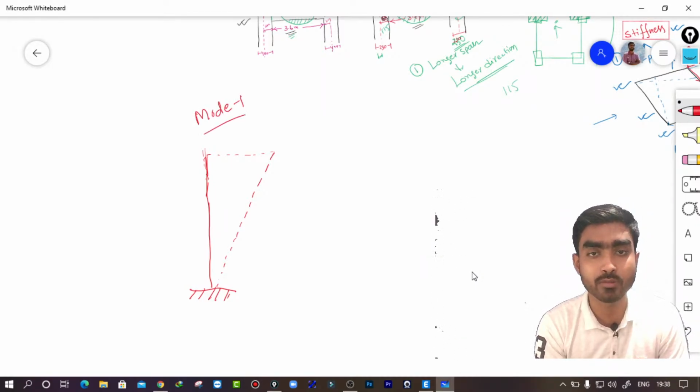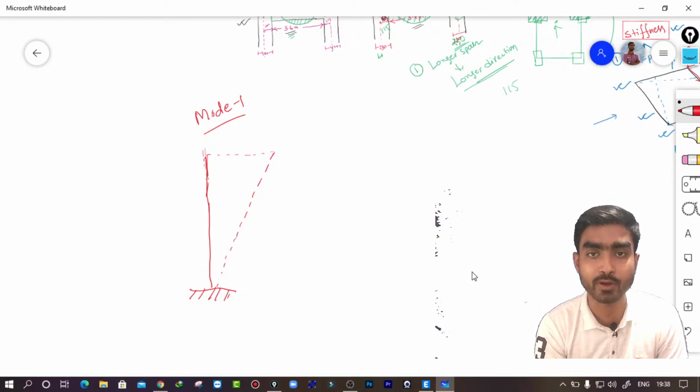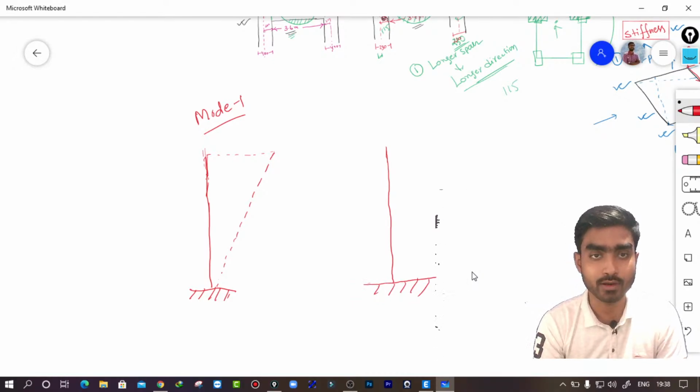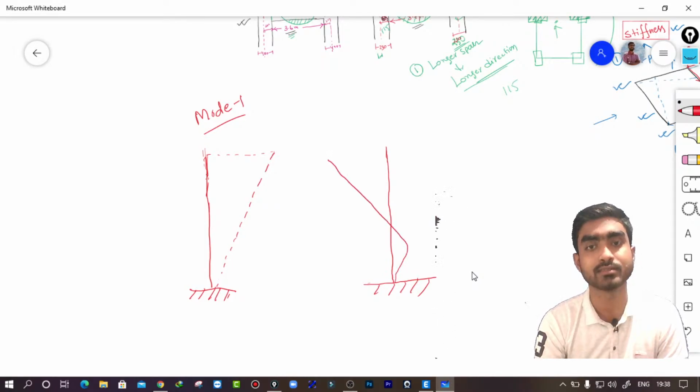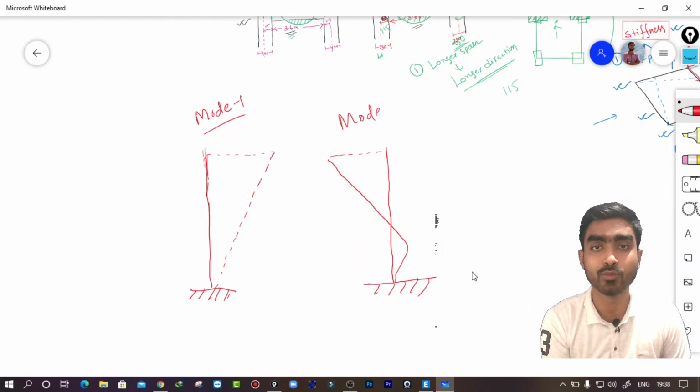Now how will mode 2 be? If you draw mode 2, this is the ideal condition, but it may not be there in your structure, because in all structures you may not have the proper distribution of stiffness and mass. Okay, so the second mode shape should be like this, meaning from here it should come like this, which is my second mode, and this is also partially translational, so it will be my mode 2.